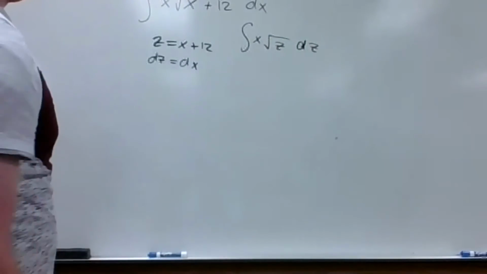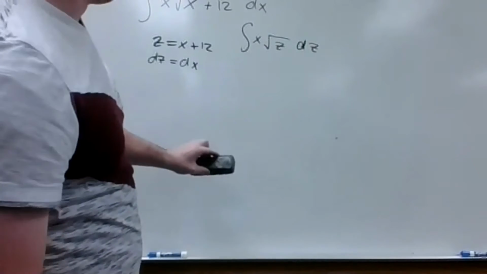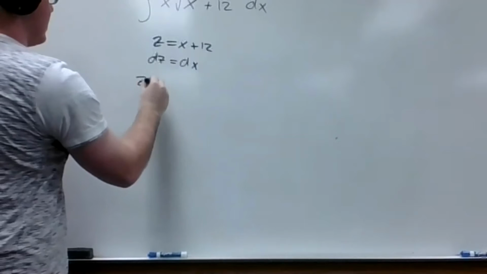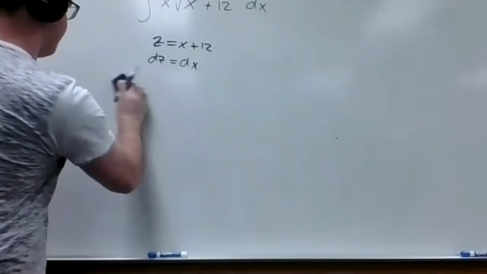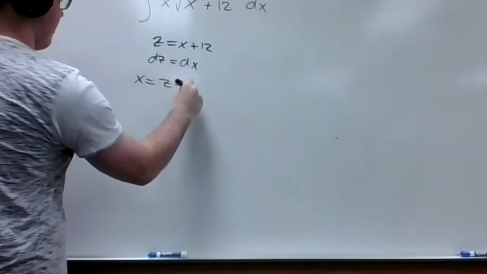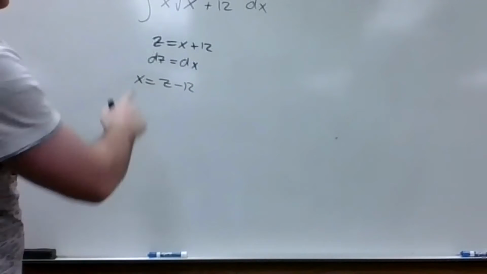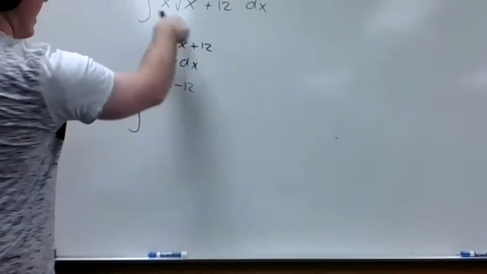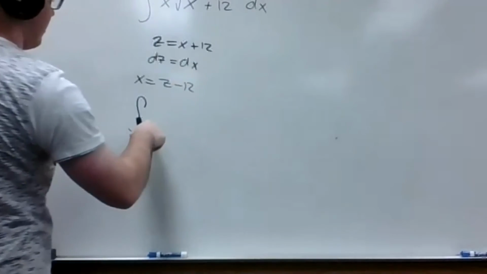Well, what do you do with that? You don't do anything with that. You go back to this equation, and you can say that z is equal to x plus 12, so x is equal to z minus 12. Now when we rewrite our equation, we rewrite the x that we had out in front in terms of z.